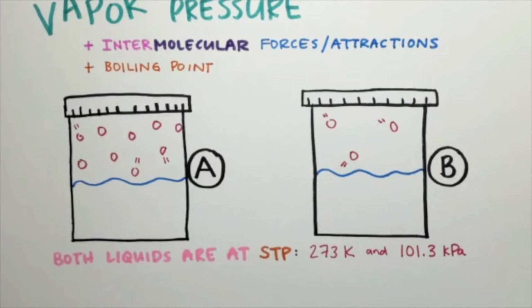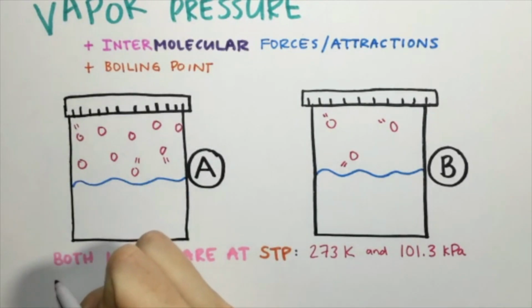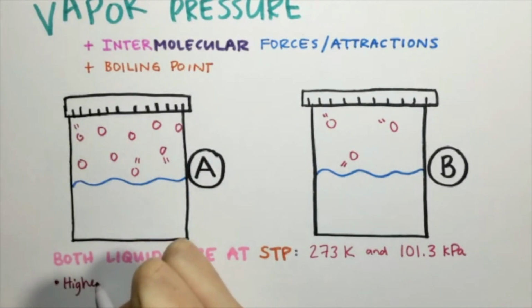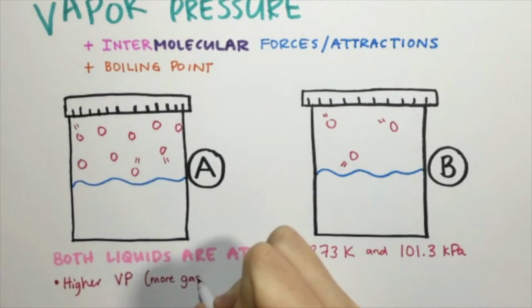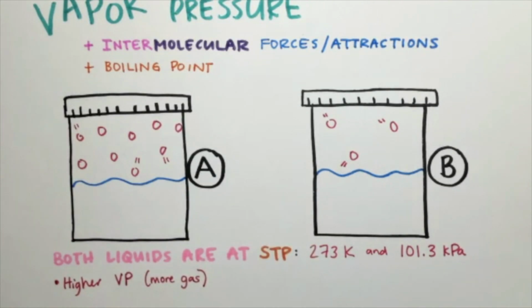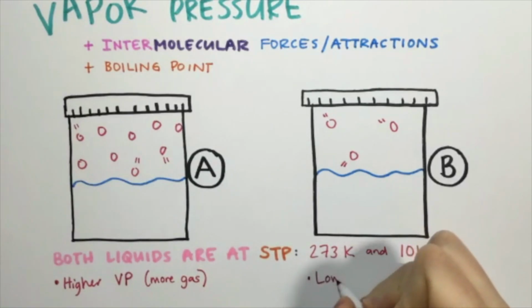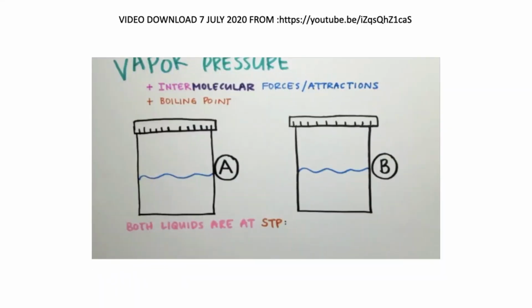So when we're comparing liquids A and B just based on these drawings, liquid A has the higher vapor pressure, or VP, simply because it has more molecules in the gas phase sitting above its liquid. Therefore, B has the lower vapor pressure.